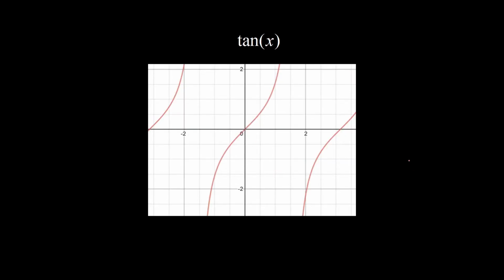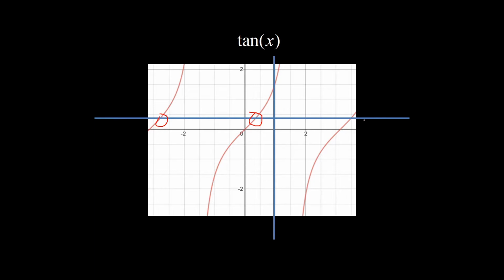Same with tangent. Tangent also fails a horizontal line test, which means as it stands now, there's no inverse. So we have to restrict the domain.